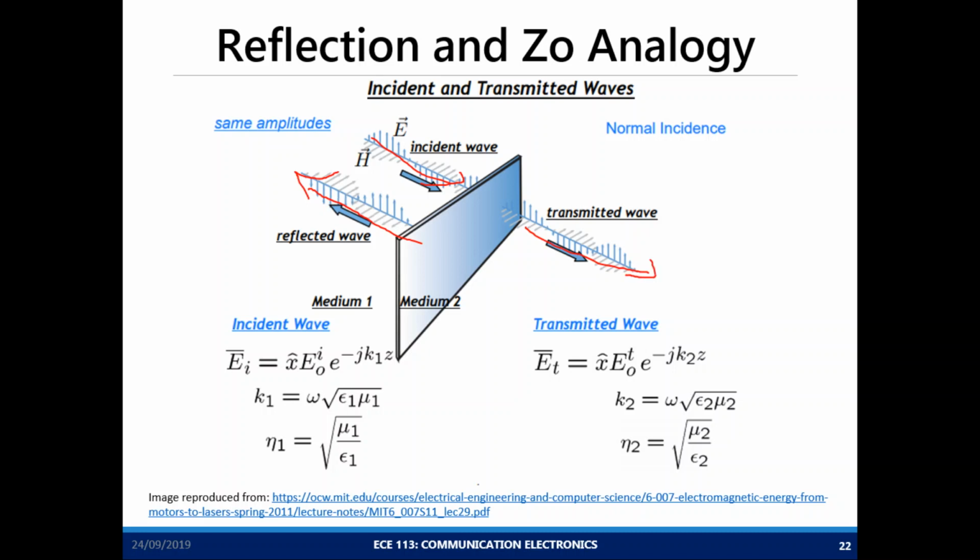This happens in light. When you have a lens, or let's say glass, with an electric field incident to that glass, some of it will be reflected back. That's why when you look through a glass, some of it will be your reflection, and the others will be transmitted, and that's what you see on the other side of a transparent glass.